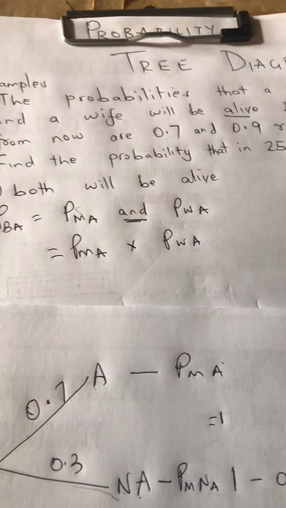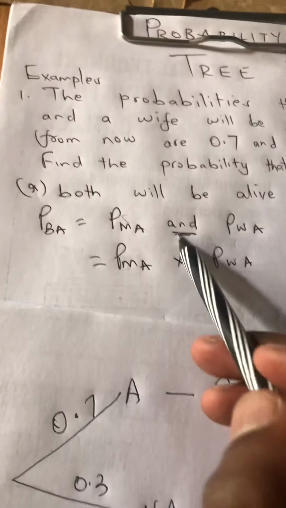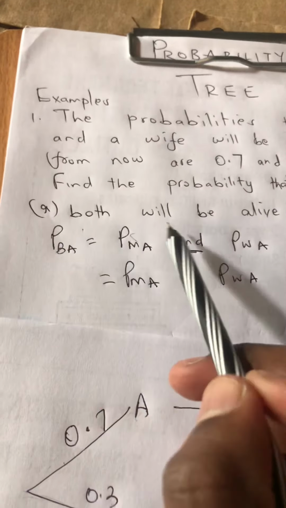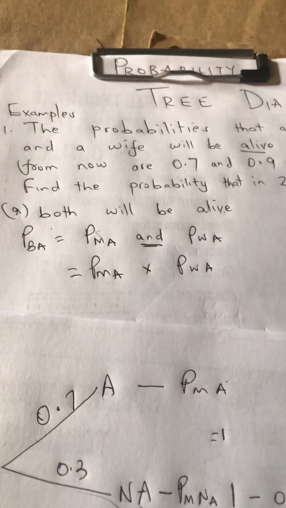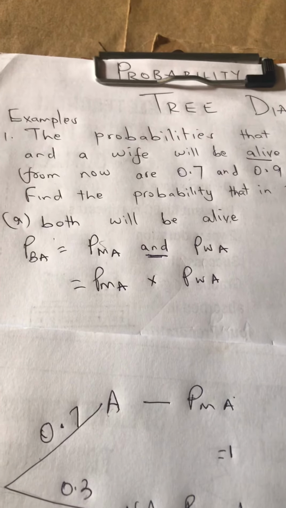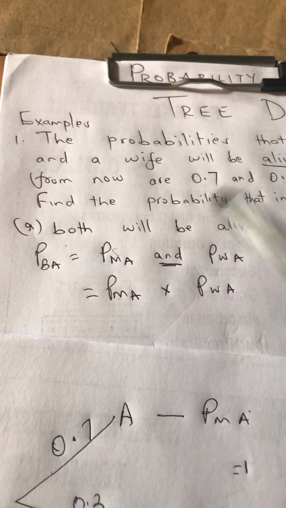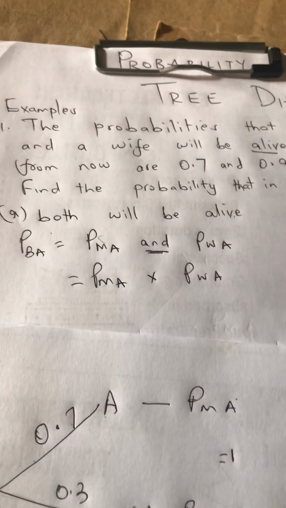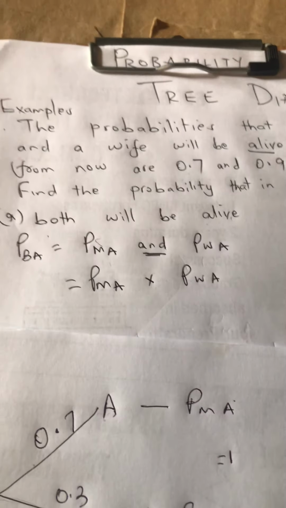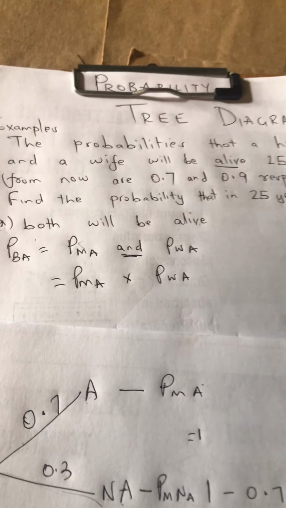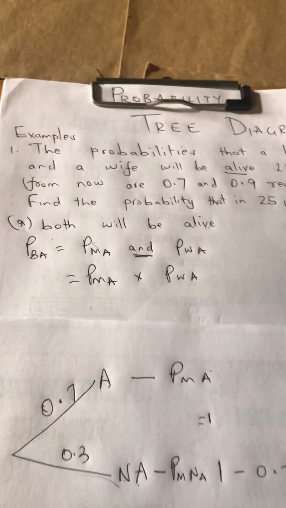Hapo sawa? Nice one. We are saying "and" because both will be alive. We are looking for the probability that in 25 years time both will be alive. Therefore, it means both the man and the wife will be alive in 25 years time.